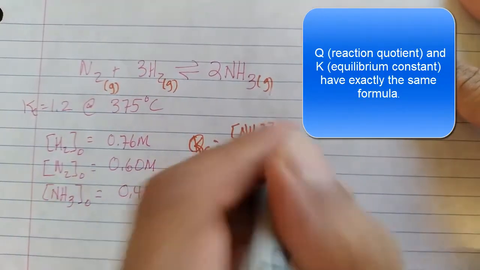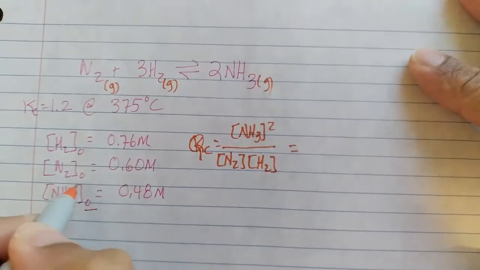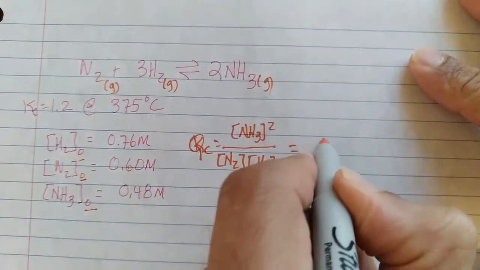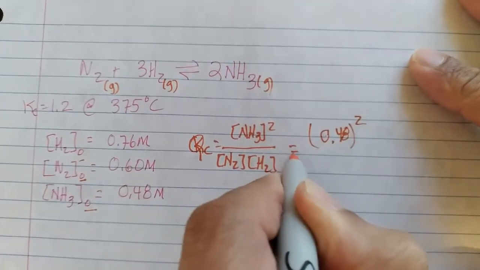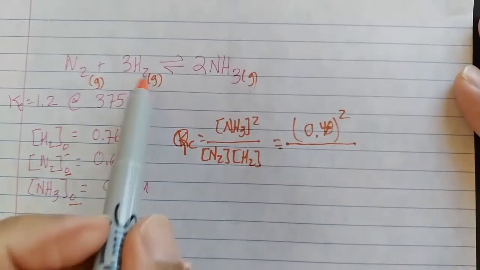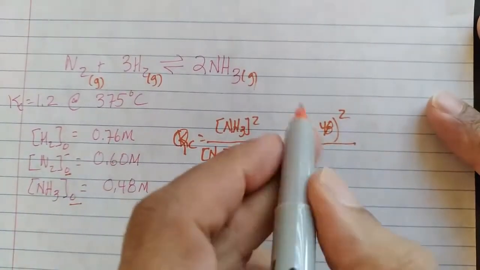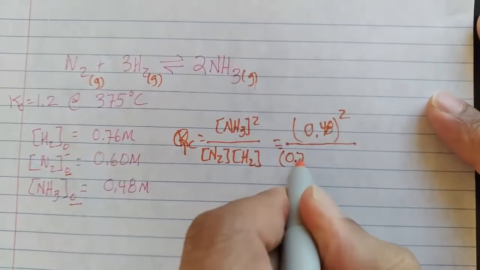So NH3 here, by the way, this is the naught symbol, which means initial. So we have 0.4048. You don't have to worry about units, so that's one bit of relief for us as we do these problems. H2, we're going to have to cube it, so it's 0.76 cubed.